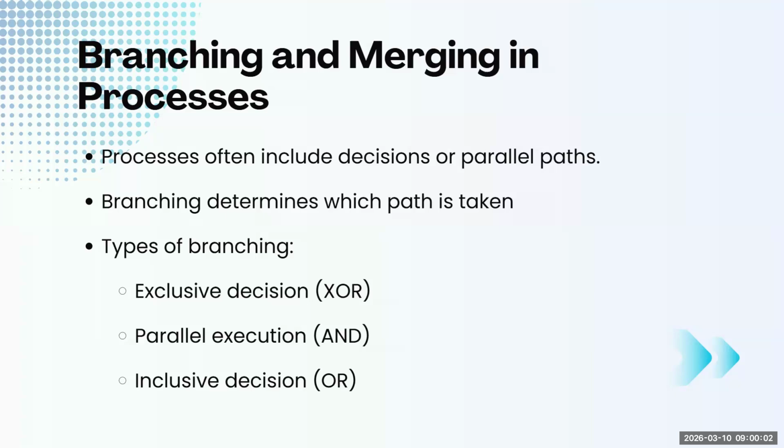Branching determines which path the process should follow depending on certain conditions. In BPMN, there are three main types of branching gateways. First is the exclusive decision XOR, second is the parallel execution, and third is the inclusive decision OR. Each of these gateways controls how the process continues.